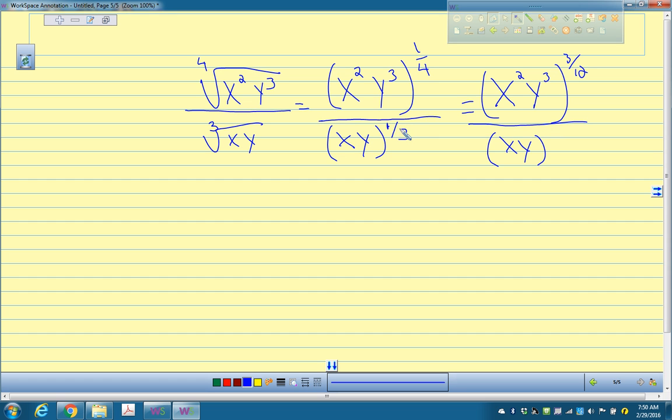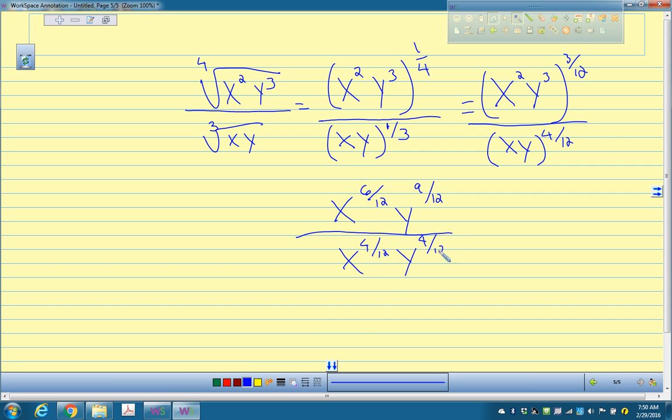How many 12ths is 1/3? 4/12. Now I'm going to distribute through. So now I get x to the 6/12, y to the 9/12, over x to the 4/12, y to the 4/12.